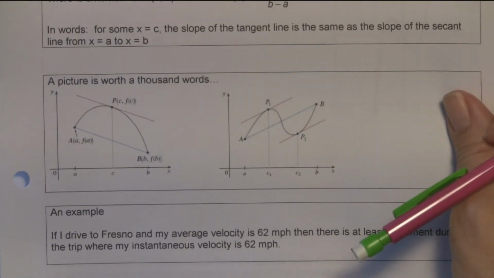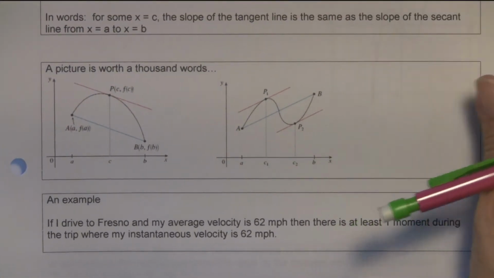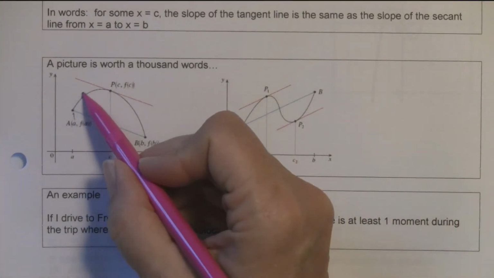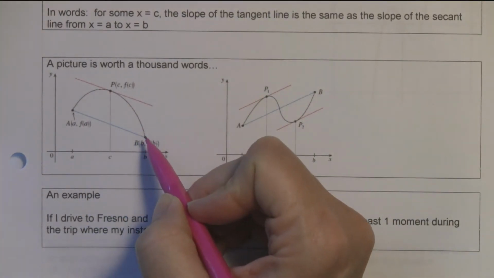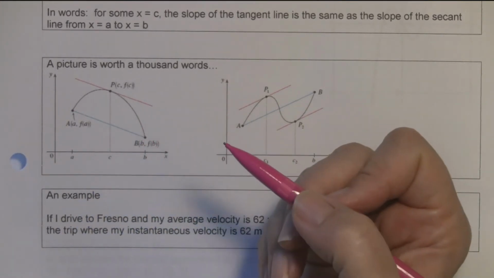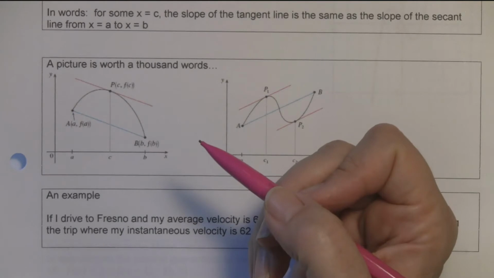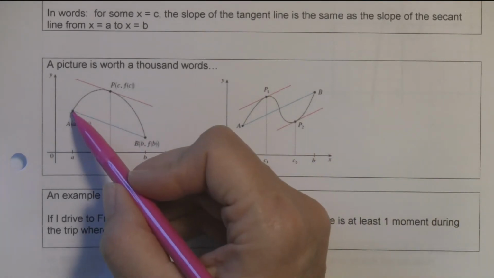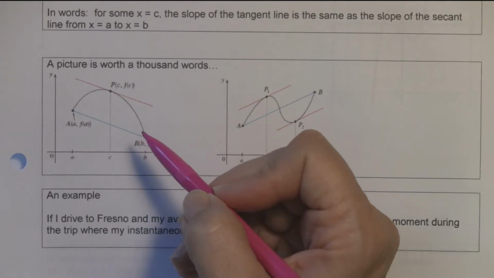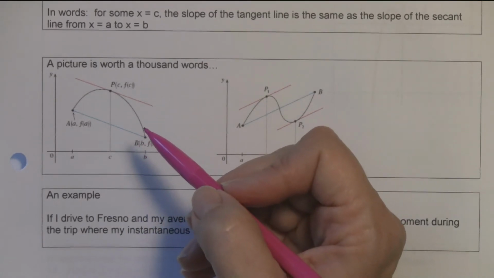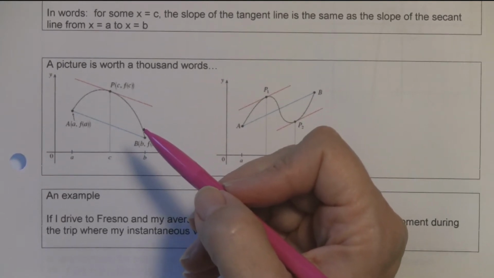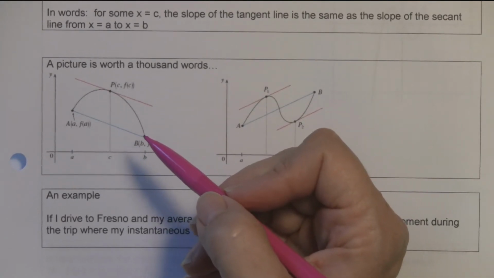And I think that these pictures came out of your book, and are really nice. And so you notice that this is my curve, and my curve is continuous on a closed interval from A to B. And also this curve is differentiable, meaning that it doesn't have any corners, asymptotes, discontinuities, cusps, any of those kind of things, any funny stuff going on.